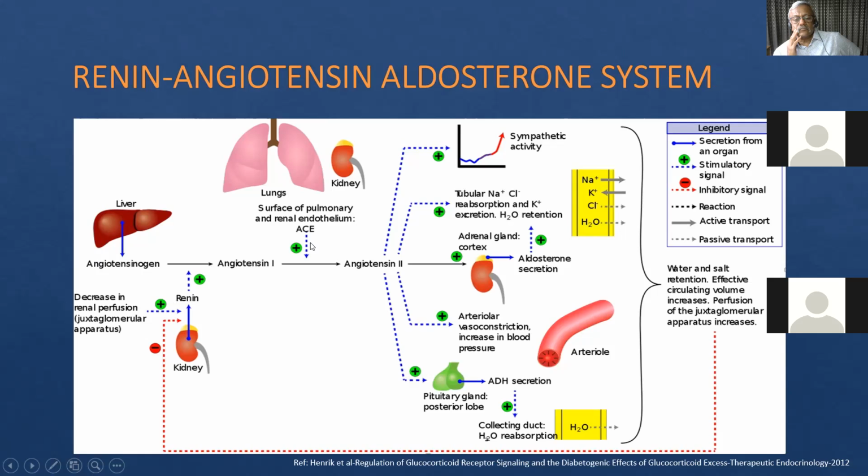Angiotensin 2 acts on the tubular cells and helps in the reabsorption of sodium and water and excretion of potassium. Angiotensin 2 is also a potent vasoconstrictor and increases blood pressure, and it acts on the posterior pituitary to secrete ADH, which helps in the reabsorption of water.